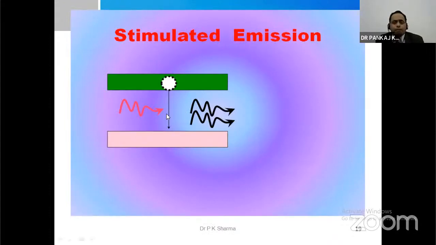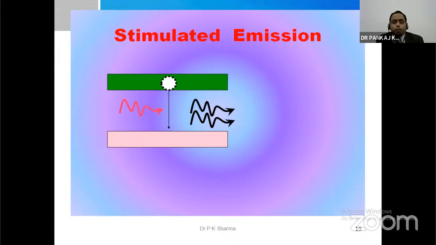In stimulated emission, during the de-excitation process, one additional photon comes in association with the absorbed photon, and the pair of photons is released in the same phase and in the same direction, producing the coherent condition. This means the release of the pair of photons is fixed with respect to time, so the condition of coherence is fulfilled.